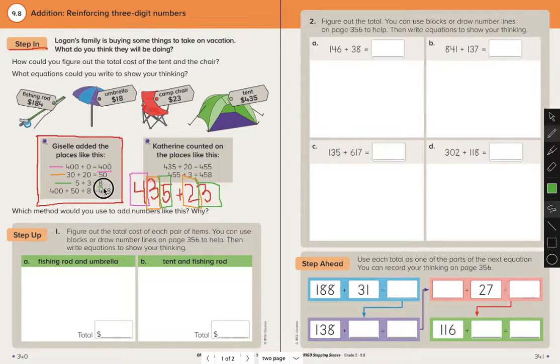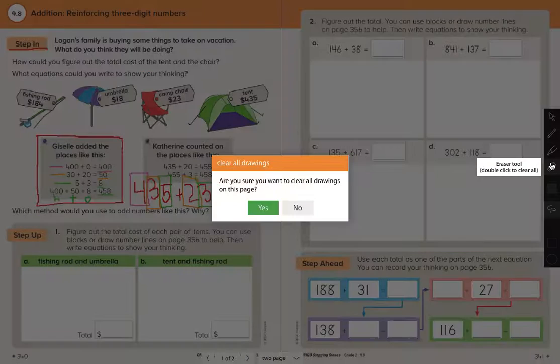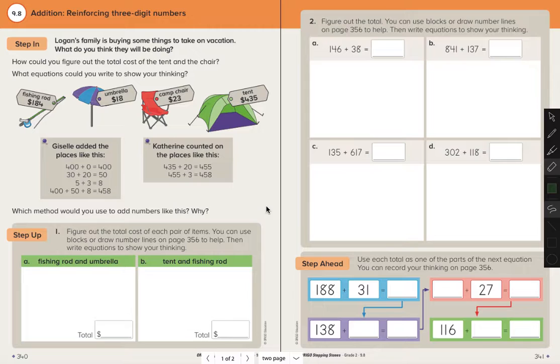And our answer is 8. And then she had to add together her 100, tens, and ones totals for the total, which is 458. Now let's take a look at Catherine. Take a couple minutes, pause the video if you want some more time to think about it. What did Catherine do?